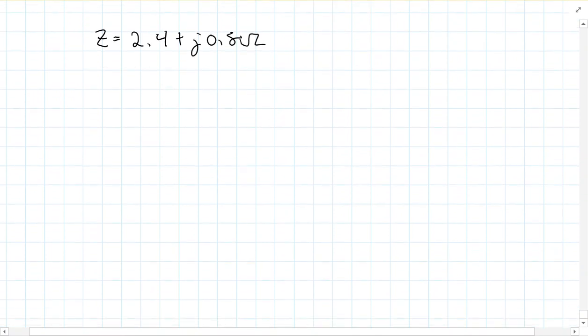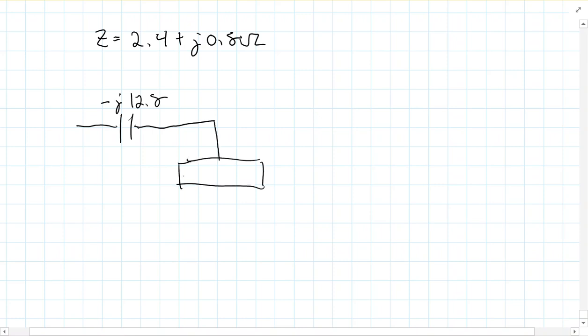Now let's redraw the circuit to see where we're at. We have my negative J12.8 and a box here, 2.4 plus J0.8, and then my resistor, which is 13.6 ohms.